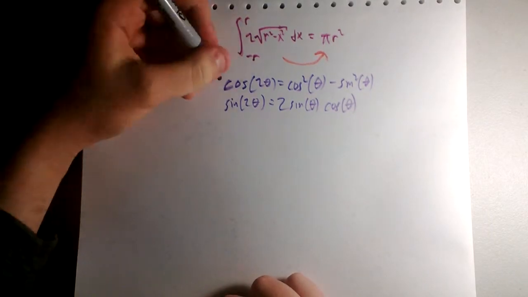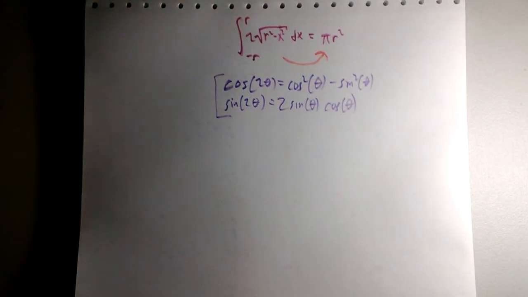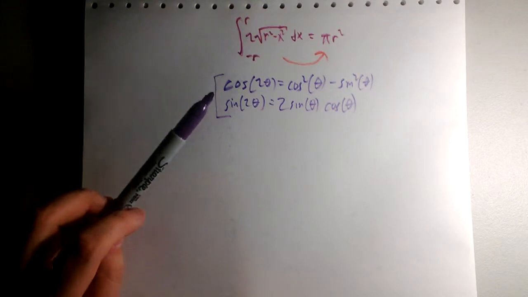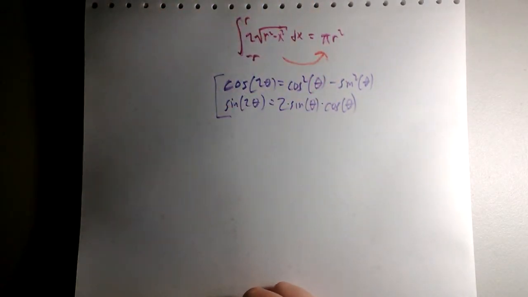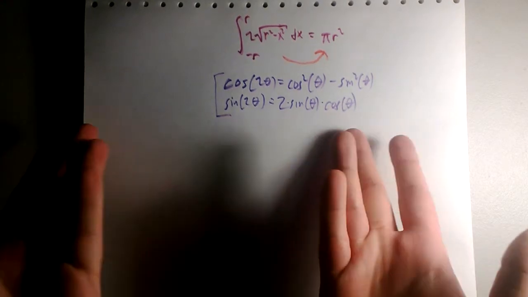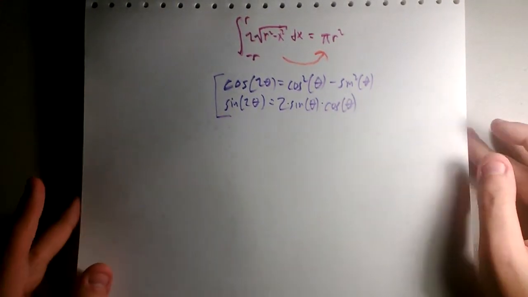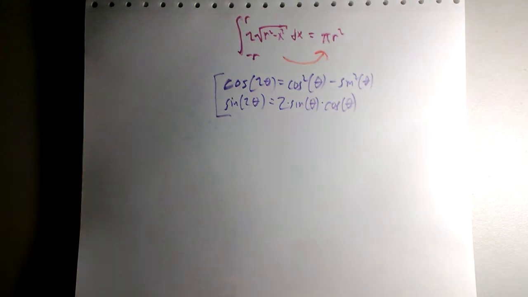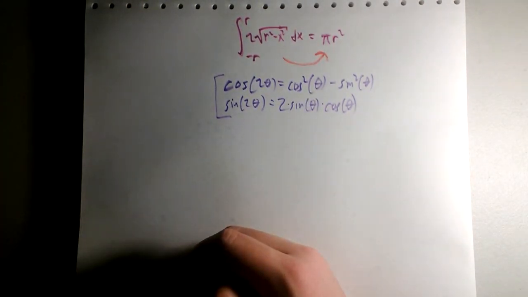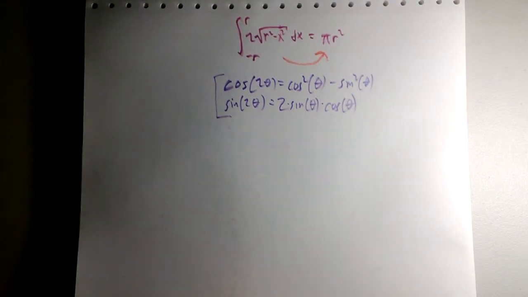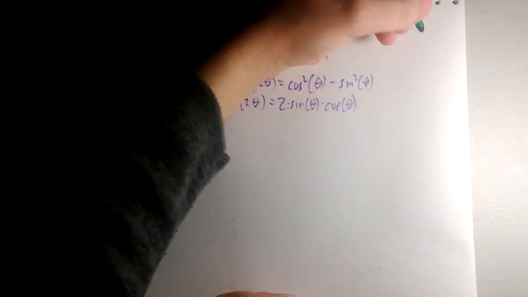That is also useful. These are the double angle formulas for cosine and sine. They're neat, and they're also really useful for converting and finding values of trigonometric functions. You get the idea.